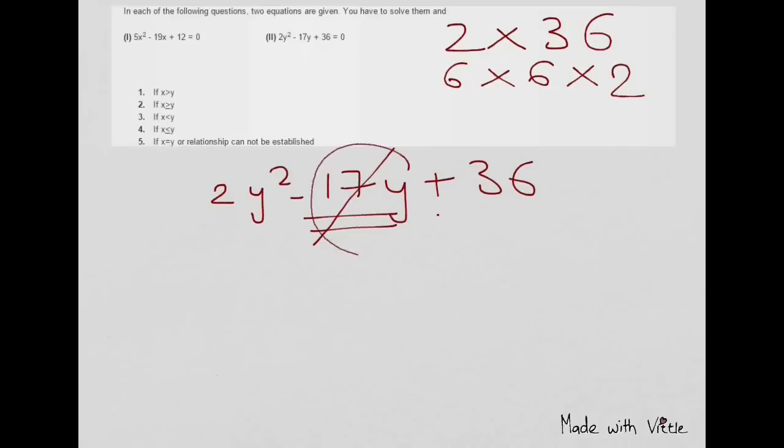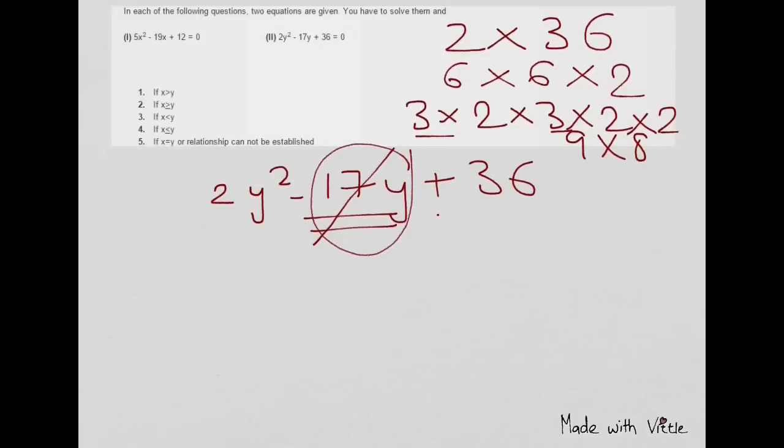Now think that you have to get 17. So 3 into 2 into 3 into 2 into 2 gives 9 into 8, so 9 plus 8 is 17, but here it is minus 17. So you will write minus 9 and minus 8.